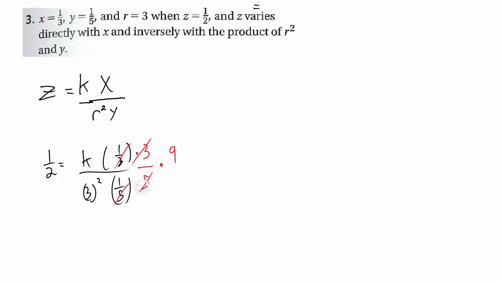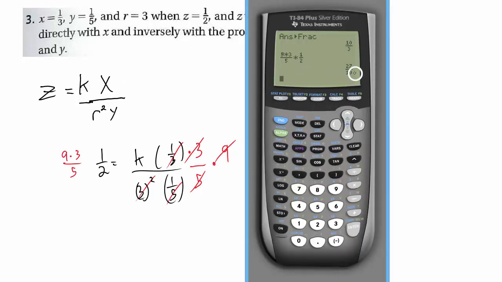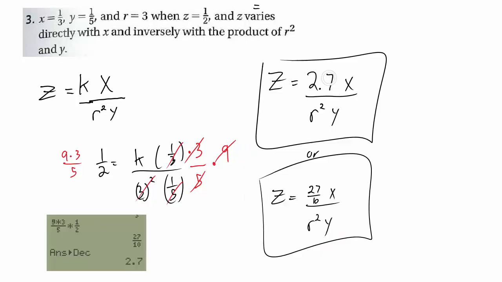To cancel out the 1/5, but the 1/5's on the bottom, I really multiply by 5 on the denominator, which is kind of like dividing by 5. And then to cancel out the 3 squared, I multiply by 9 on the top. Then I do that same thing to the left. So I'll just punch all that in here, and I get 27/10 for K. And this one's not a repeating decimal, so it doesn't matter if you write 27/10 or 2.7. I'll accept both answers.